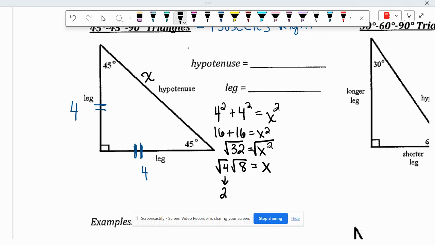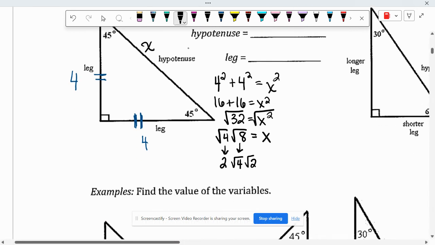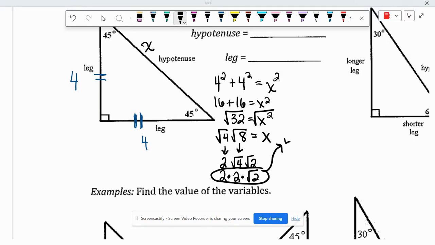But I can break the square root of 8 up into what? Square root of 4 times the square root of 2. And so what is the square root of 4 again? So I really have 2 times 2 times the square root of 2. What does this simplify to? 4 times the square root of 2.